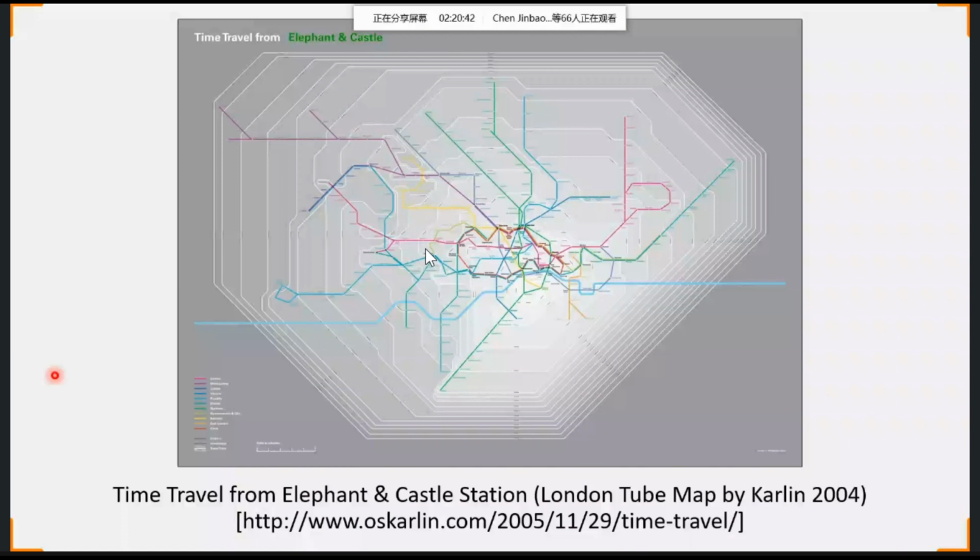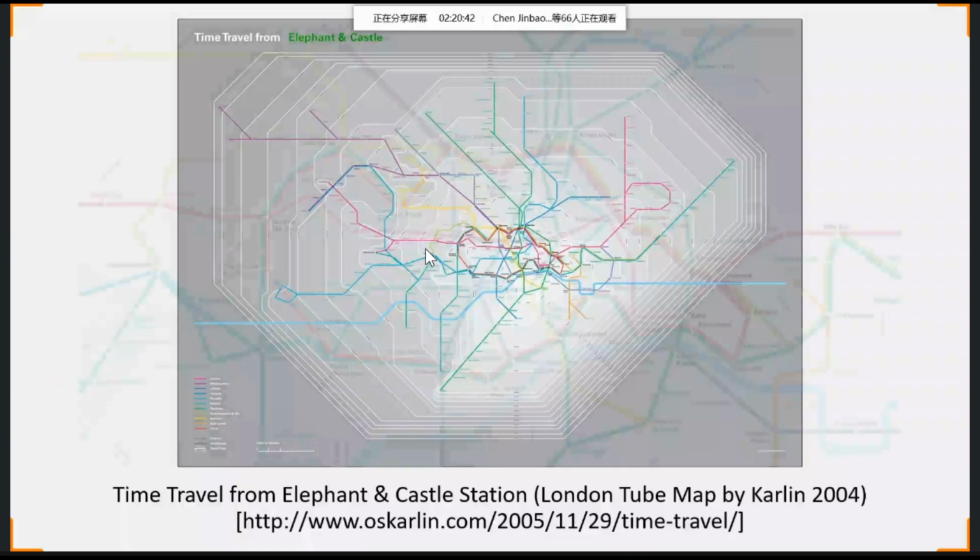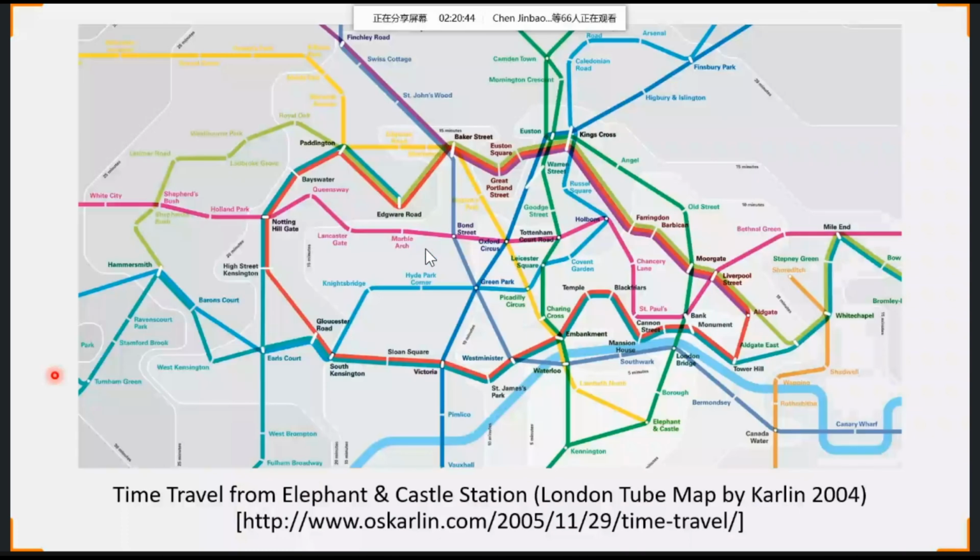And here is a section of this map. This is the station, the Elephant and Castle station. So this is point 0 here. And here you see it's 5 minutes, 10 minutes, 15 minutes, 20 minutes. So all the lines have a 5-minute step. And so you can see how long you travel within the system here.